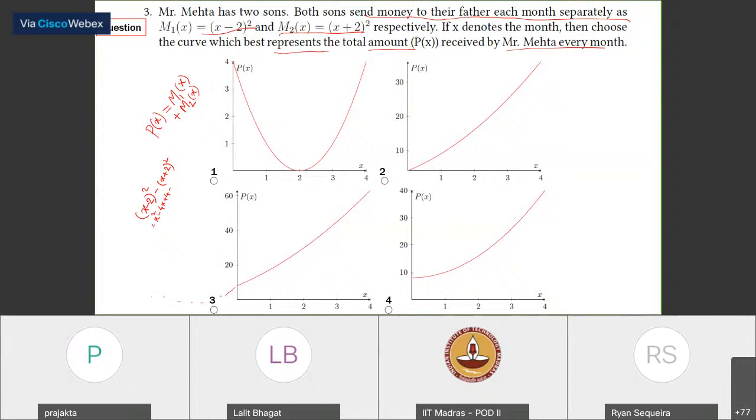I mean, the vertex may not be the same, right? The curve will be like this, whereas here it is much more symmetrical. So here it's showing the vertex. One thing we can do is find whether the vertex is exactly at the same point, or what the axis of symmetry is.